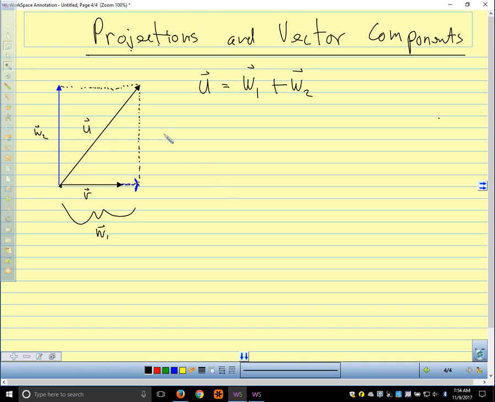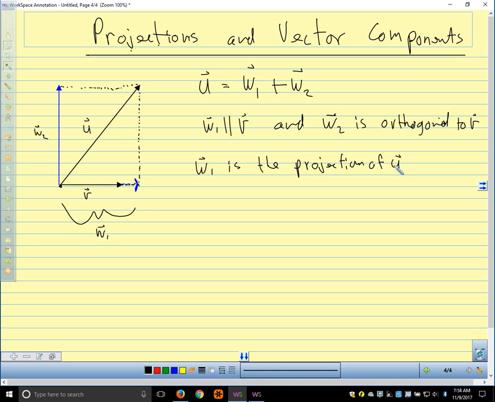All right, so what we're saying here is that W1 is parallel to v, and W2 is orthogonal to v. We call W1 the projection of u onto v, or along v.